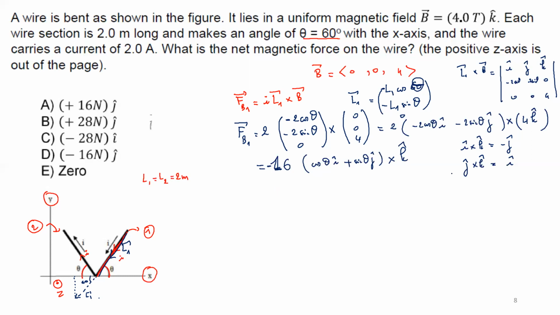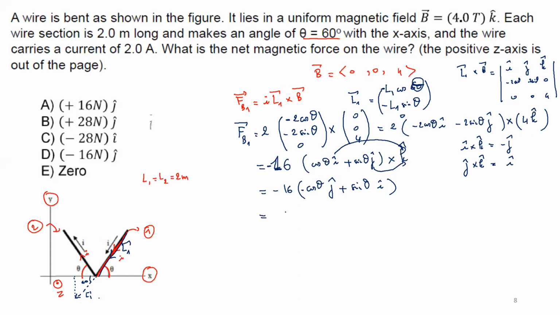Of course, this will give me -16 cosine theta, so I had J hat cross K hat, which gives me I hat, and K hat cross... I hat gives minus J hat. I'm just multiplying here.